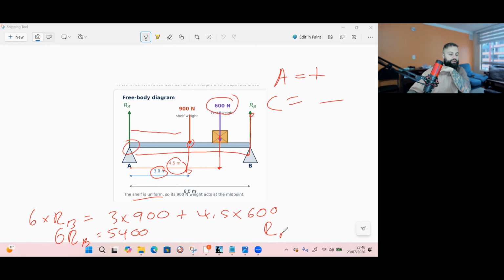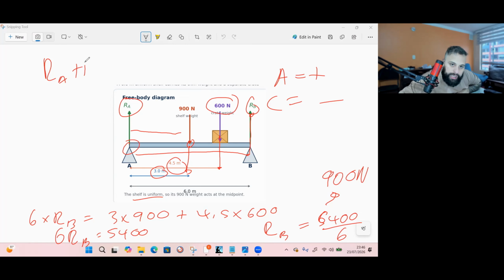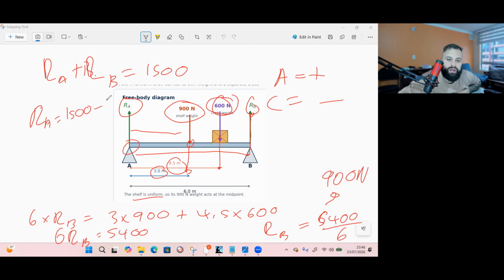So RB, the reaction force at B, should be 5,400 divided by 6, which is 900 newtons. Now, RA plus RB should equal all the downward forces, which is 900 plus 600, giving 1,500. So RA is 1,500 minus 900, which ends up equaling 600 newtons.